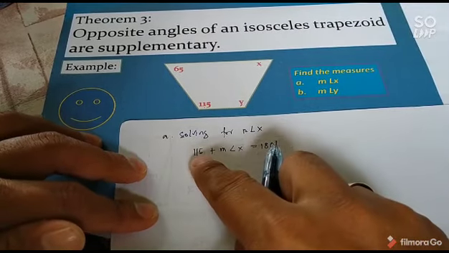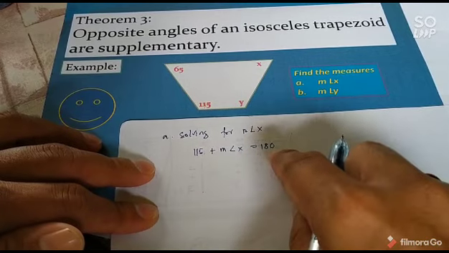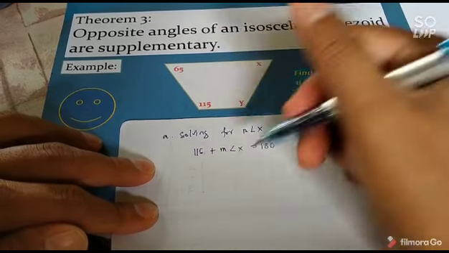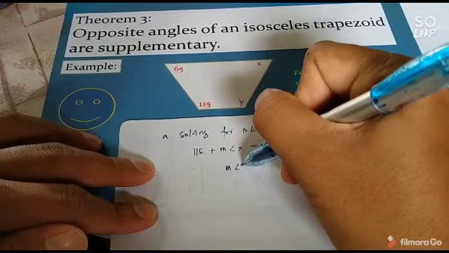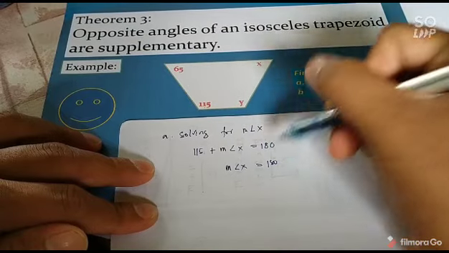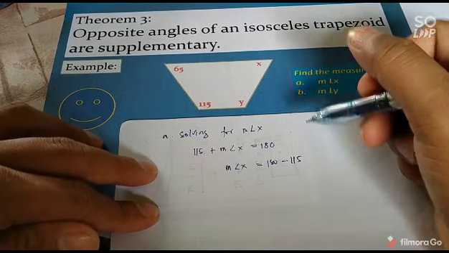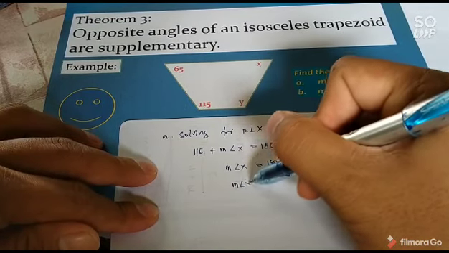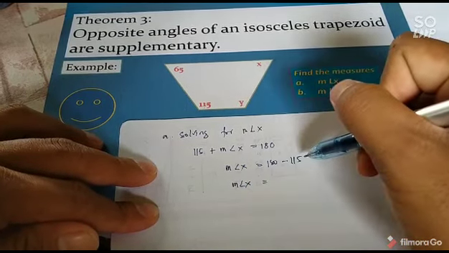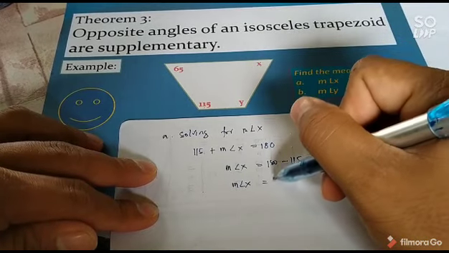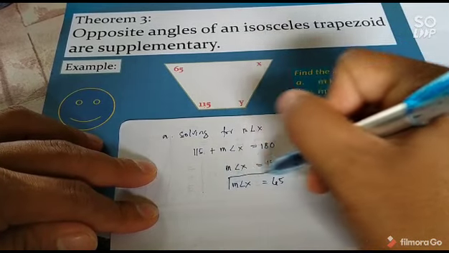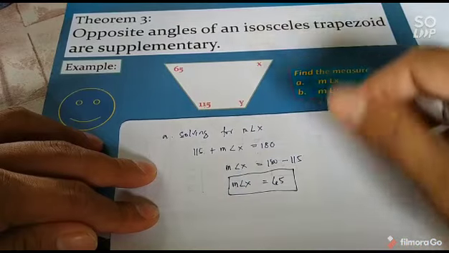Then you will apply the subtraction property of equality so that you can solve for x. And that would be measure of angle x is equal to 180 degrees minus 115, which will have 65. So that's the measure of angle x.